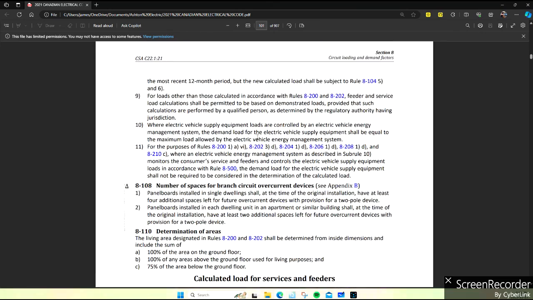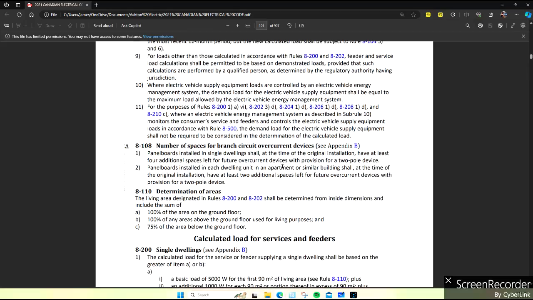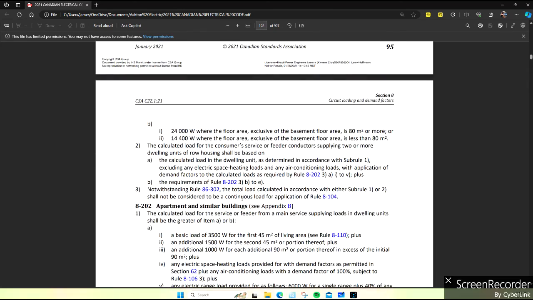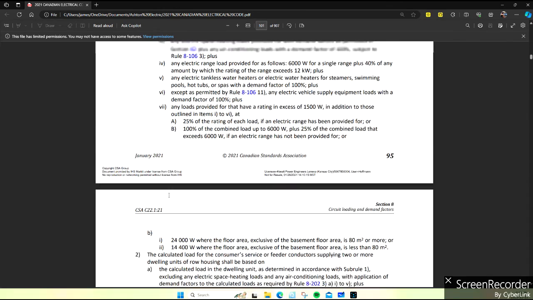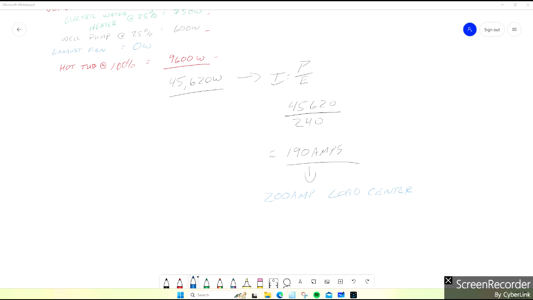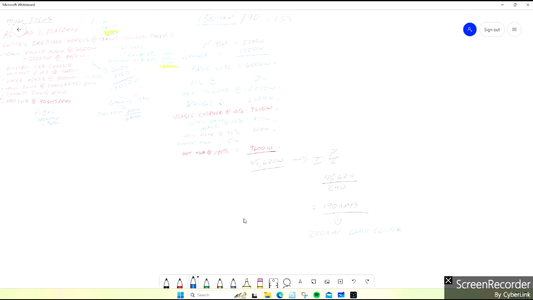Oh, right here. It is 8200, still the same rule, but sub-rule 3. Total load calculated in accordance with either sub-rule 1 or 2 shall not be considered a continuous load. So this is considered non-continuous. We can load this 200 amp breaker right up. So 190 amps, 200 amp breaker, size your conductors, and that's it.